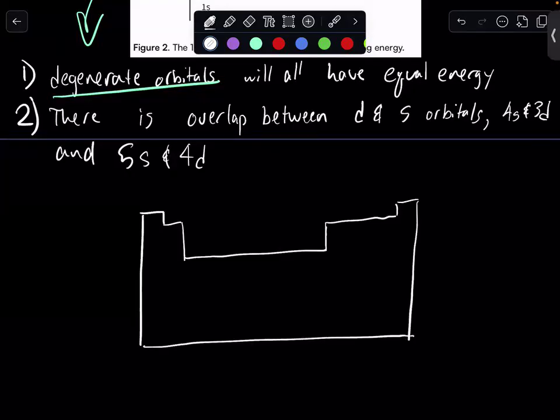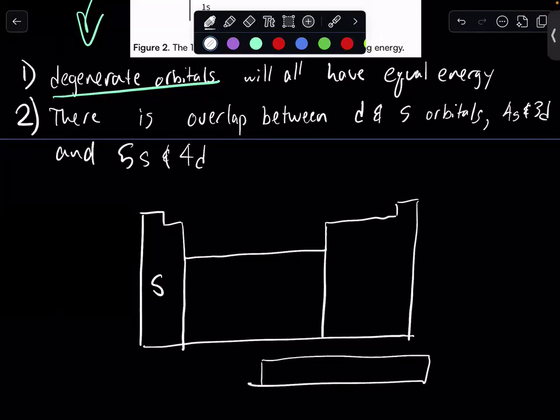So if we look at our periodic table, we actually generally split it into blocks. We call this the S block, the D block, the P block, and the F block. And here are our lanthanides and actinides, but you won't have to worry about them for the DP curriculum. Furthermore, helium actually doesn't belong here on the P block.